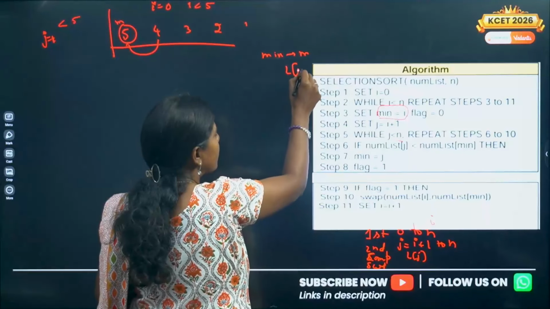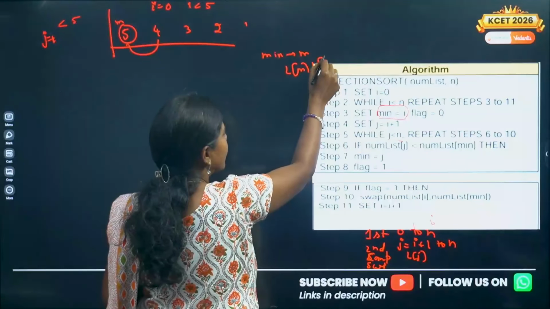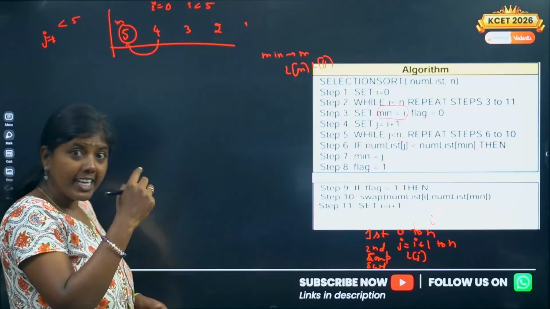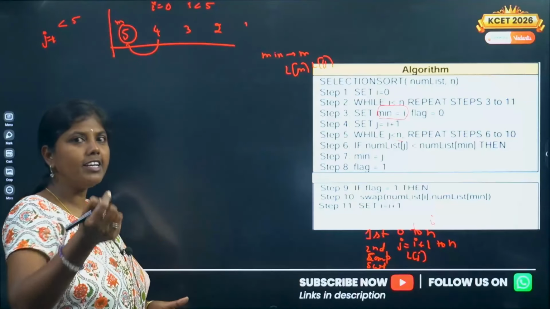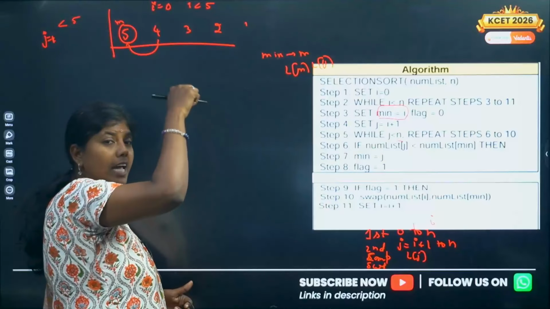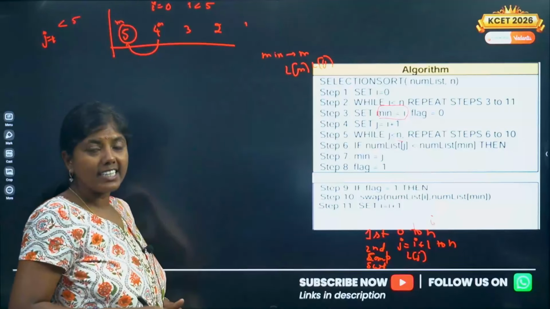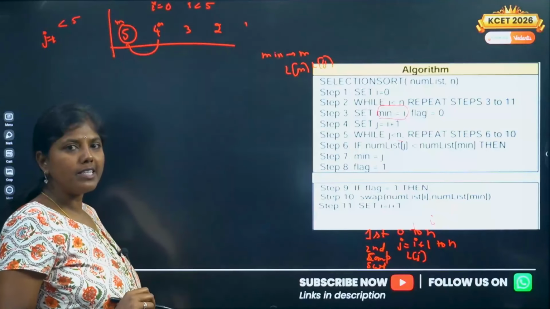L of m, the element, I'm comparing with L of j. L of min is compared with L of j. Compare it. Is 4 less than 5? Definitely it is less. Then this I am telling as going to be the minimum index. This element is the minimum element I am considering.